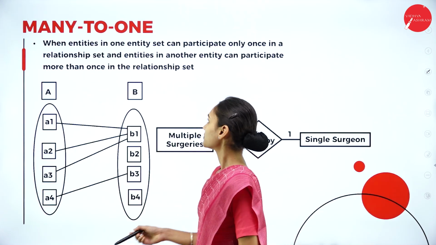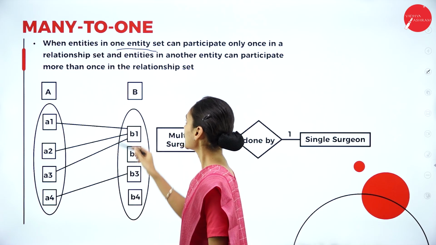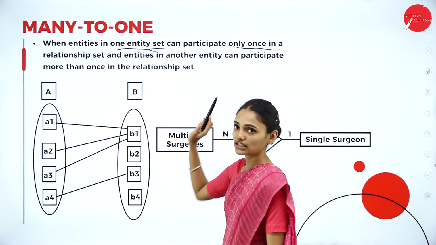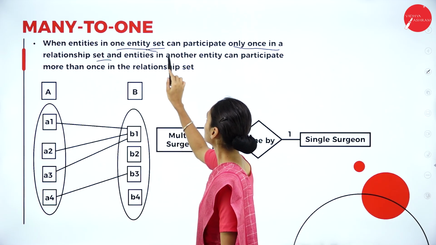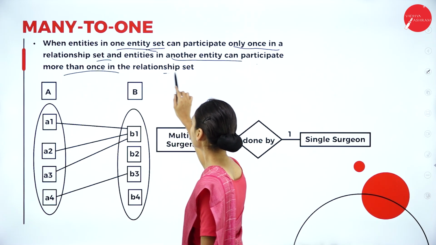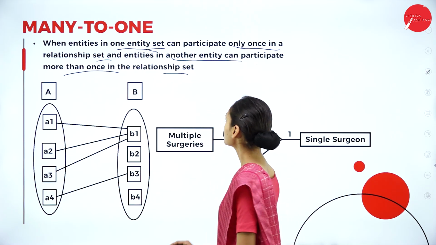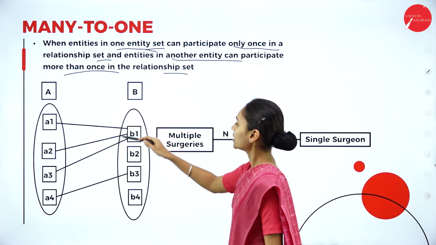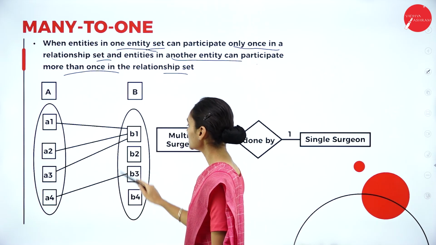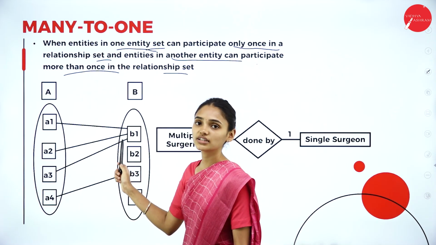Next, many to one. Entities in one entity set participate only once in the relationship set, while entities in the other entity set can participate more than once.